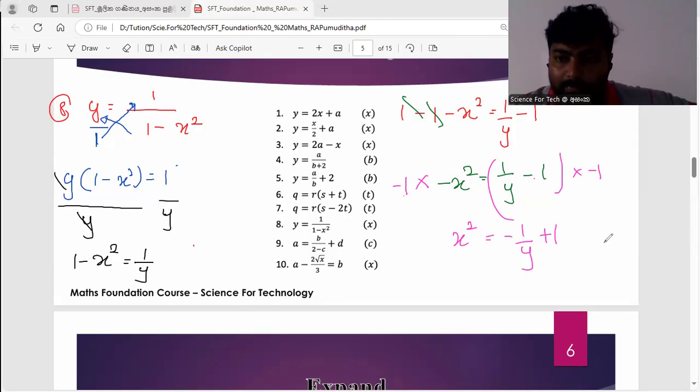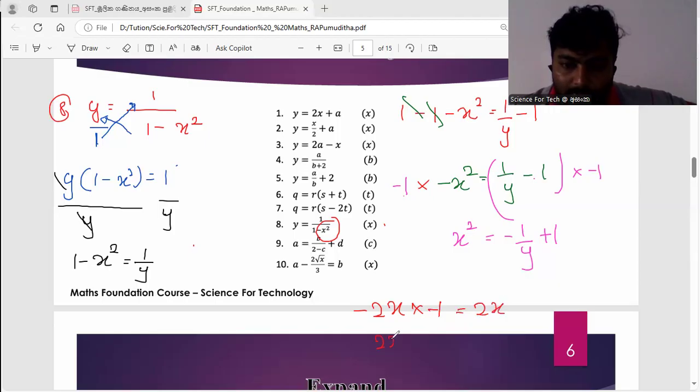Here it is multiplication, okay? This is not x cubed. It's multiplication. When you multiply by 1, the answer is the same. If you multiply 2x by minus 1, the answer is 2x with the sign changed.